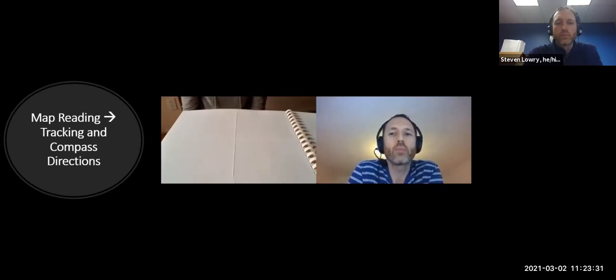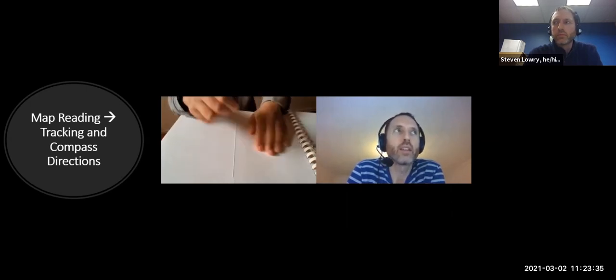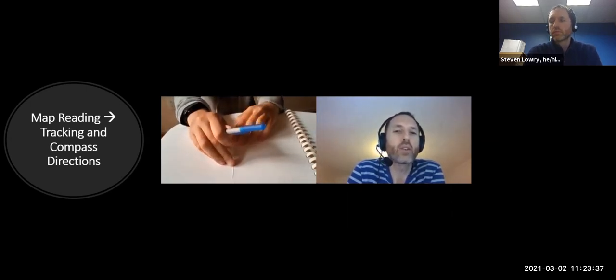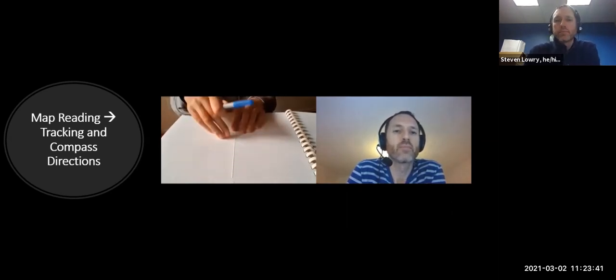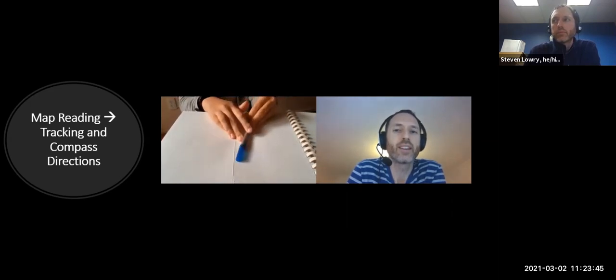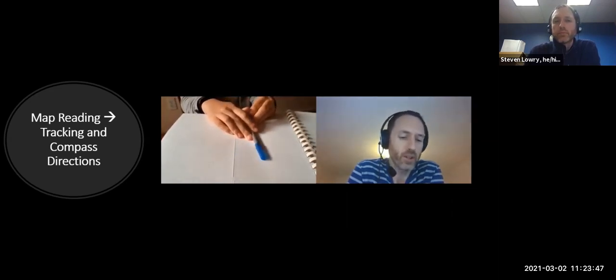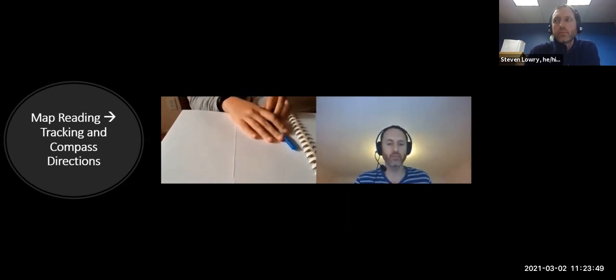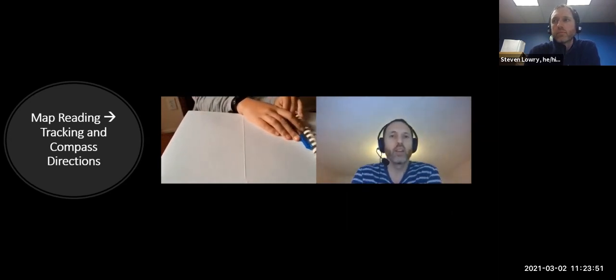So I want you to put your pen on the block that's in the southwest corner of the map. Very nice. All right, so bottom left corner. You nailed it.